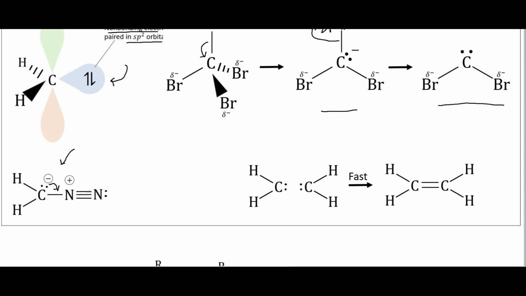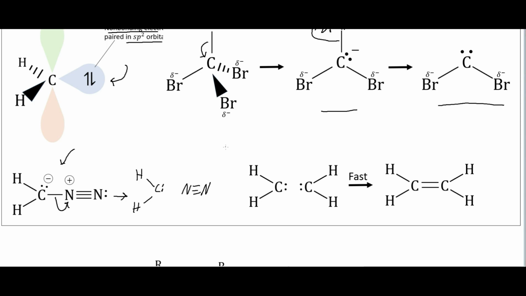But that's not really the point of this. What we see here, though, is that these electrons from here will actually go onto that nitrogen right there, and so we end up with our carbene here, and then nitrogen gas.